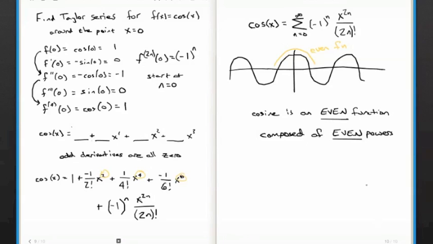Now, if you recall back from the lecture the other day, if you watched that, I came up with some kind of funny power series, and my power series looked like this.